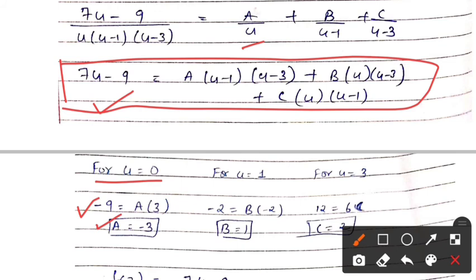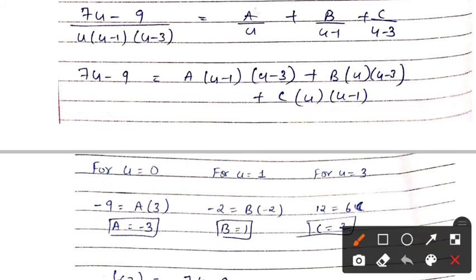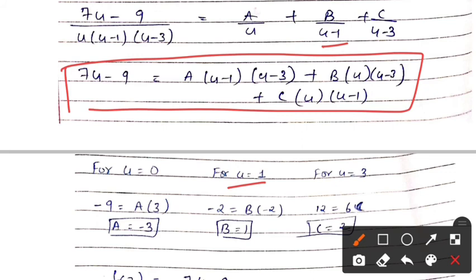Okay. Again, see here it is u minus 1, so next value will be u equal to 1. Put u equal to 1 in this whole equation, then a will be 0 and c portion will be 0. So you get the value of b as 1.